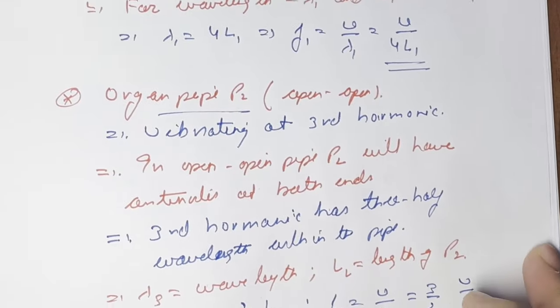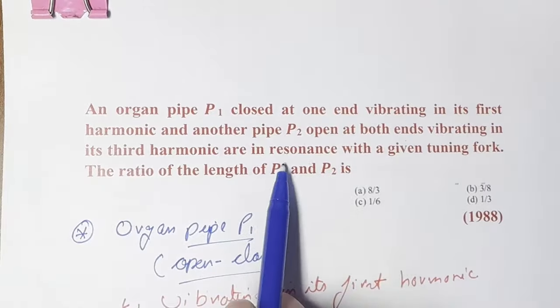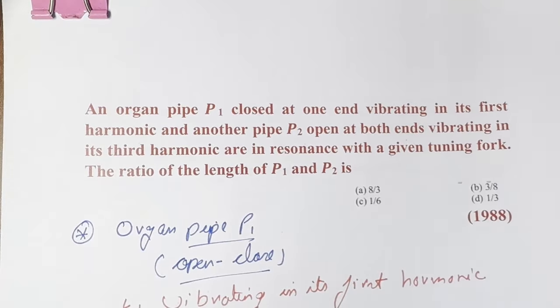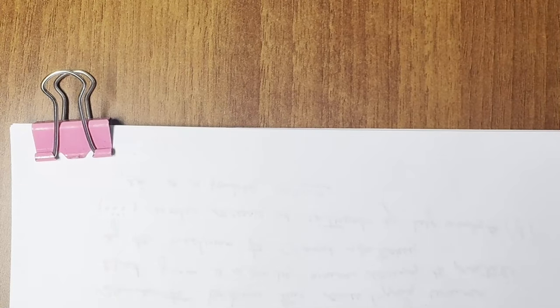And in the question it is given that they are in resonance for a given tuning fork. So it means both F1 as well as F3 will be the same, because we are using the same tuning fork and the resonance frequency will be the same.